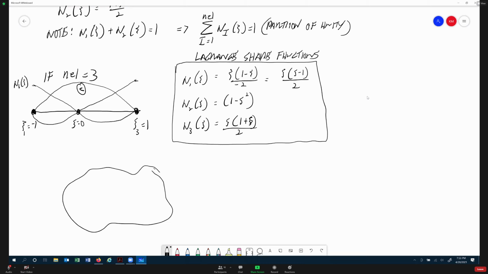We have a potato, and we're discretizing this. These blocks here are elements. In this particular potato, I have 1, 2, 3, 4. So I have 1 element, 4 nodes.